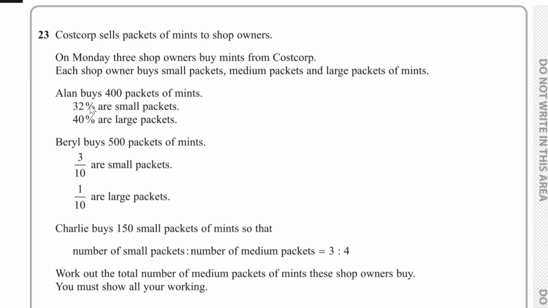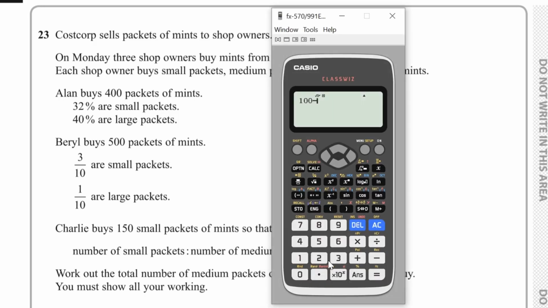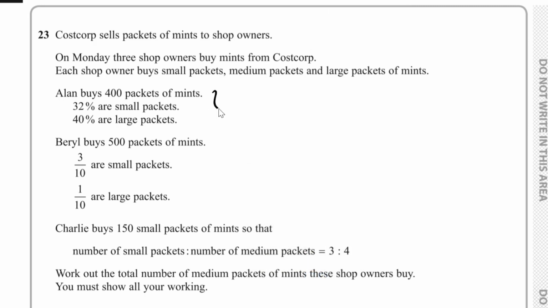So we see over here, if 32% are small, 40% are large, 100 take away 32 take away 40, that's equal to 28. So we see over here that 28% are medium packets.